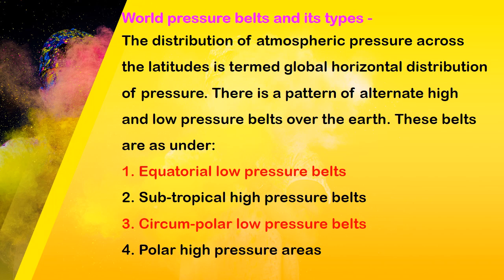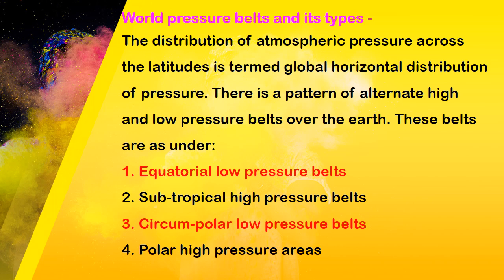The distribution of atmospheric pressure across the latitudes is termed the global horizontal distribution of pressure. There is a pattern of alternate high and low pressure belts over the earth.